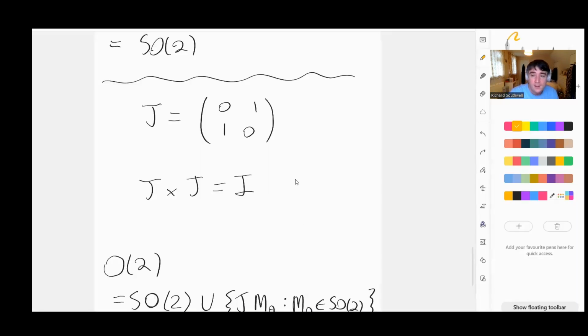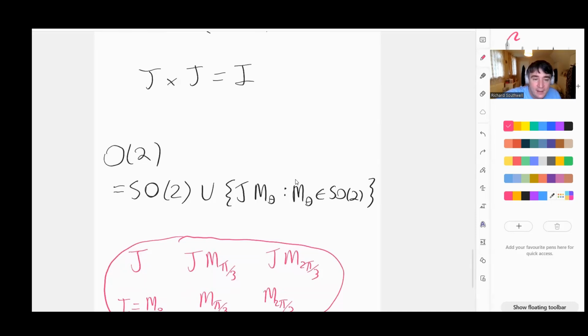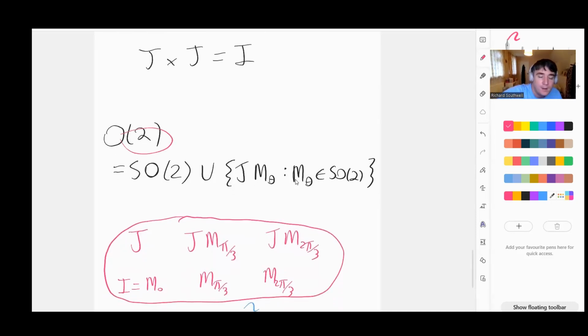But it turns out that using this j really helps us to understand what this orthogonal group O2 is. I'm not going to justify all the math here, but basically you can get O2 by taking this SO2, which if you remember consists of all of these basic rotation matrices, and then you can get each of those multiplied by a j, and take the union of those.